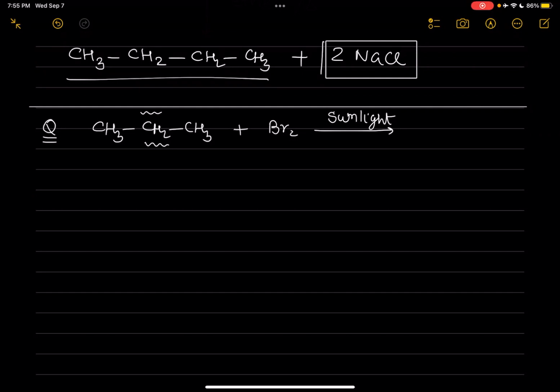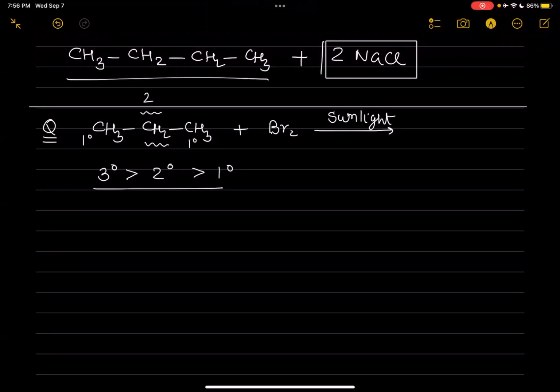So actually, bromination is very selective. The selectivity of bromination is more towards the tertiary hydrogen than the secondary hydrogen, and then the primary hydrogen. Is it clear? So here, this is a primary carbon because it is connected to one carbon.